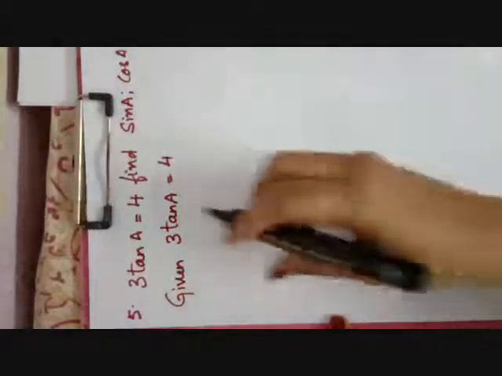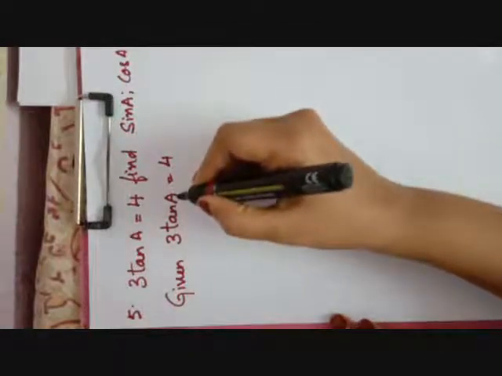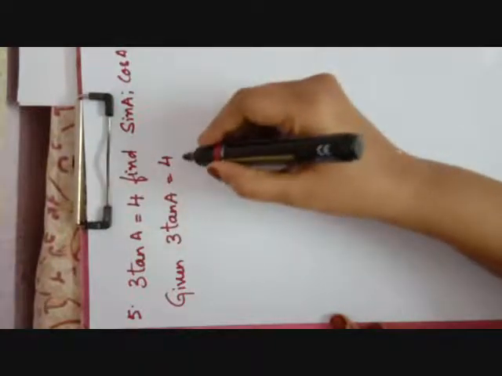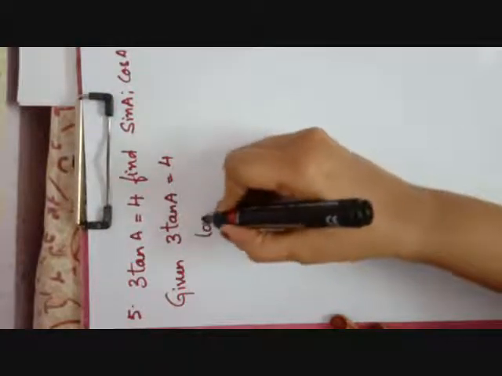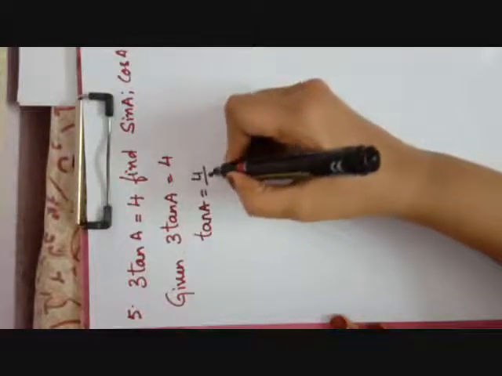This is given. 3 tan A means 3 into tan A. Transposing, when it comes the other side of is equals to, it becomes division. So tan A is equals to 4 by 3.